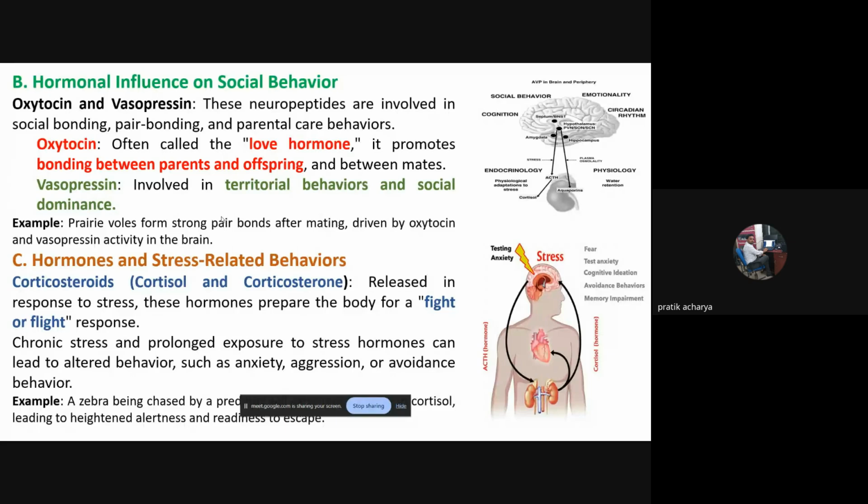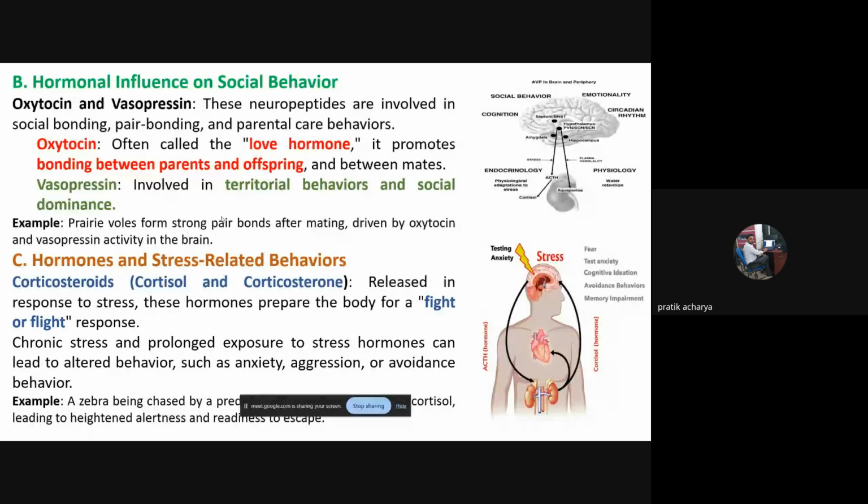Before parturition also there is secretion, but at the time of parturition and after parturition there is more secretion of oxytocin, which is the love hormone, and that promotes the binding between parents and offspring. If oxytocin secretion is not much, then the binding between mother and child will be very less. That is the impact of hormone.